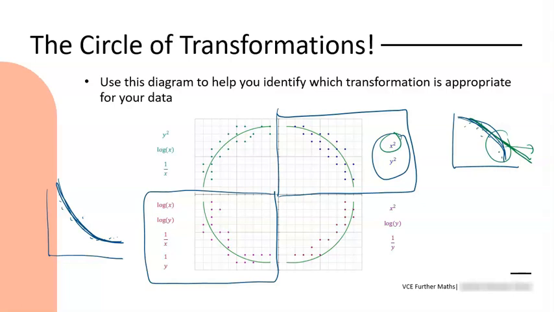I could do a log x, which will drag my x values back in, or a log y, which will bring down my y values and compress that axis. Or I can do a reciprocal of either the x-axis or the y-axis. And we'll talk a little bit more about what a reciprocal transformation also does in one of the examples.